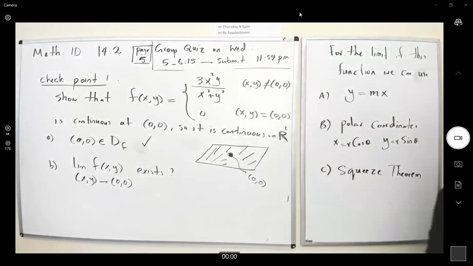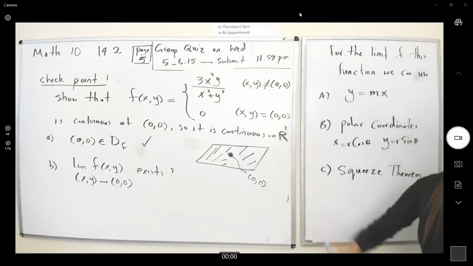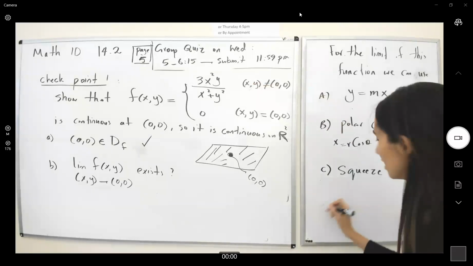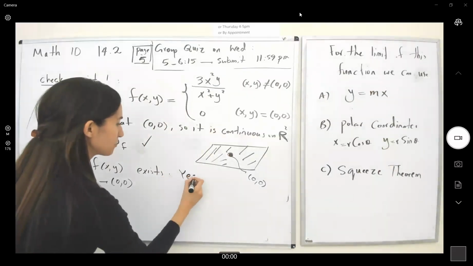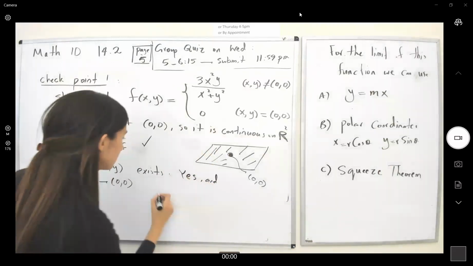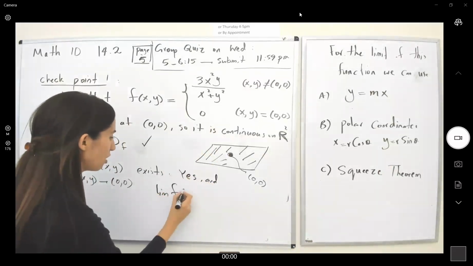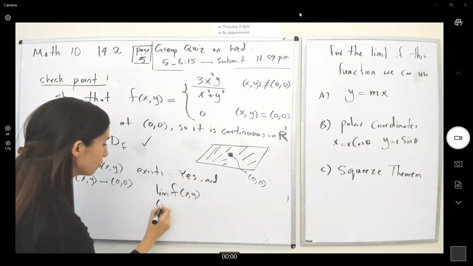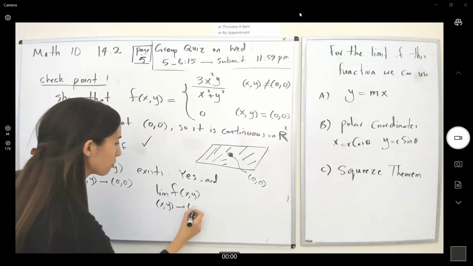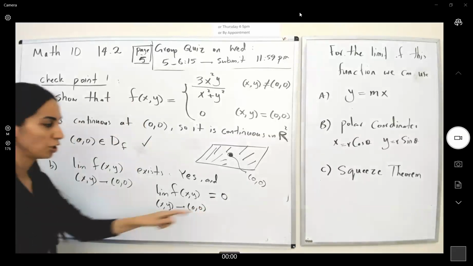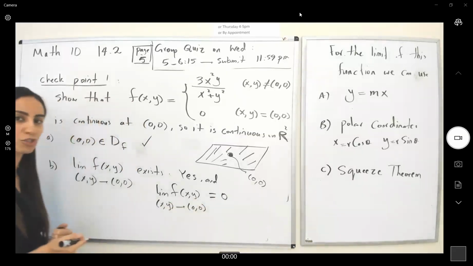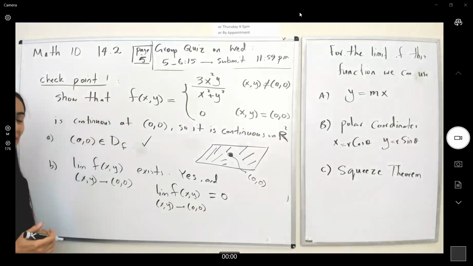By applying the squeeze theorem, it assures you that the limit of this function is nothing but 0. Yes, the limit of f of x and y, as x and y approach 0 and 0, is nothing but 0. Your z is approaching 0.